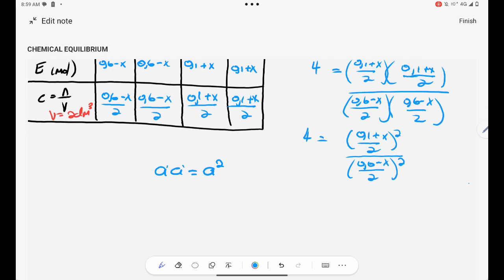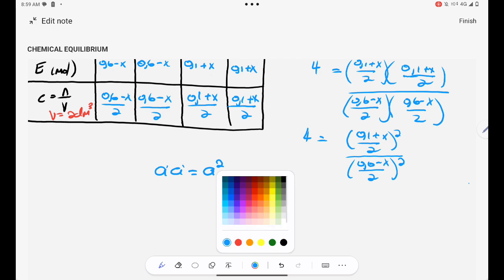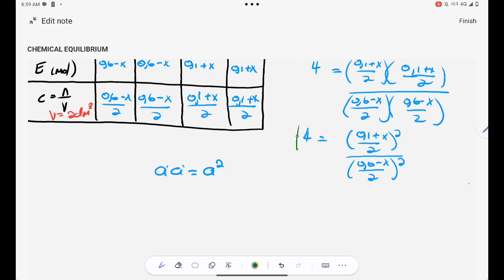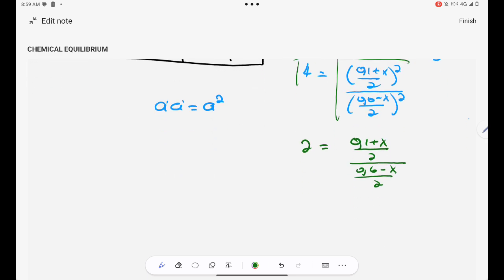I can simply take the square roots on both sides, and then I'll end up having 2 on the right hand side, and then (0.1 plus x) all over 2 divided by (0.6 minus x) all over 2.